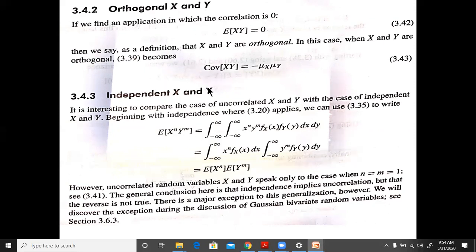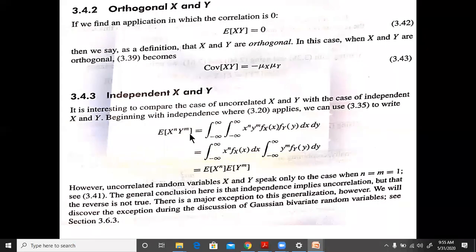Then how do we consider the independence of X and Y? It is very interesting to check the correlation with the independence. We can try to see how the correlation and the independence are related to each other. So we can write g of XY as X to the power n, Y to the power m.